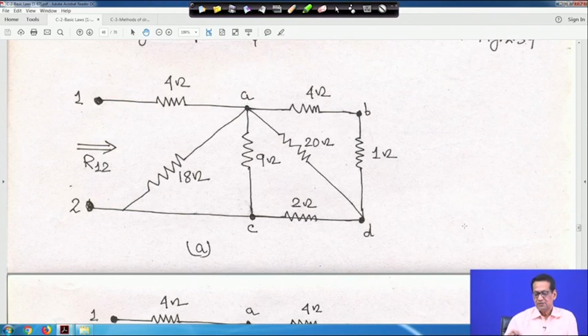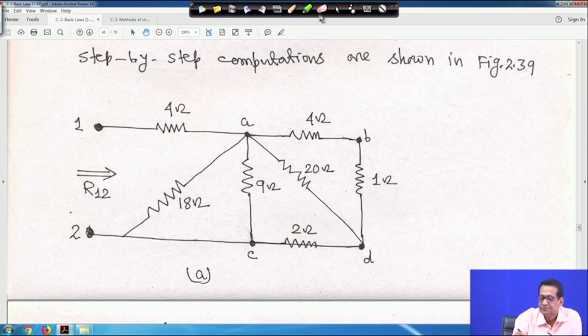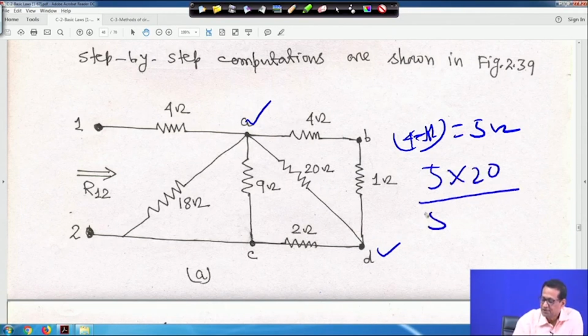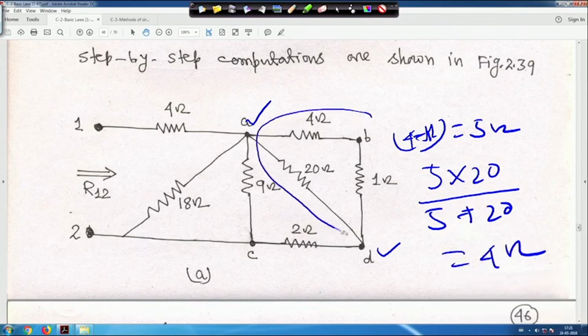So the equivalent will be 5 into 20 by 5 plus 20. So 100 by 25 is equal to 4 ohm. So the equivalent of this part is 4 ohm, right.